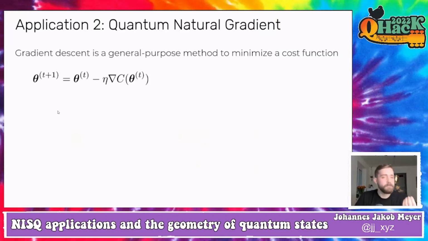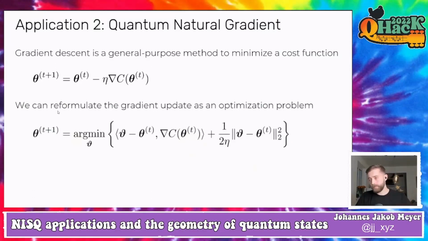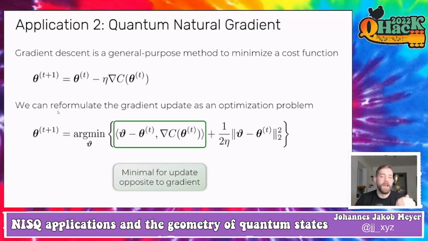And we can actually reformulate this update rule as an optimization problem. This might not look like we simplified things, but we can get some more understanding of what is actually going on. On the left side, we have this term which is minimal if our update points in the opposite direction of the gradient.